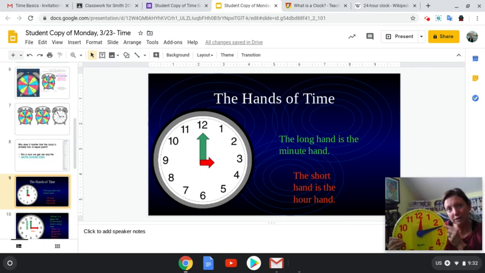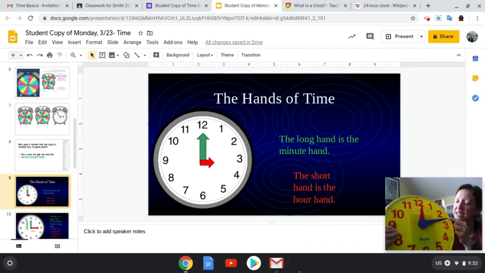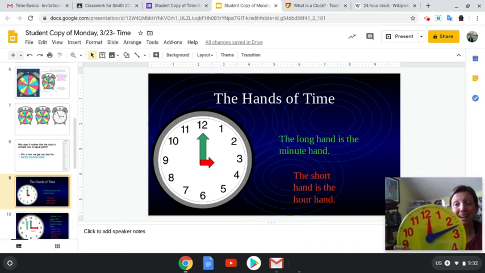In order to be able to see those little minutes, we need a longer hand to point exactly where the minute is so that we could tell. The hour hand doesn't have to be as big because those hours are really big. We can see real easily where that hour hand is pointing to.